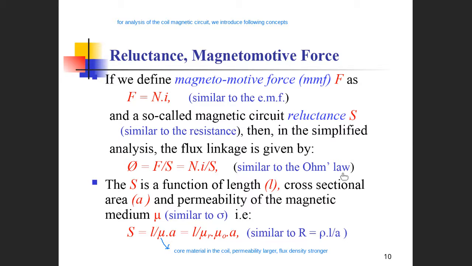All the rules applicable to Ohm's law are also applicable to phi equals F over S. Hope you get the point, that the many rules we learned to analyze Ohm's law can be applied to the rules for phi, F, and S. So if you forgot this, you can review the recordings later on to study.